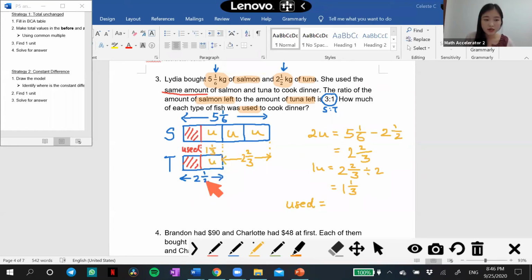So take 2 1/2 minus 1 1/3. You can get the red portion here, which is what was used. Yes, 1 1/6. Thank you, Ryan. So what was used? 1 1/6 kg.